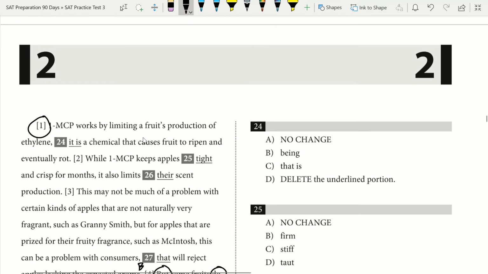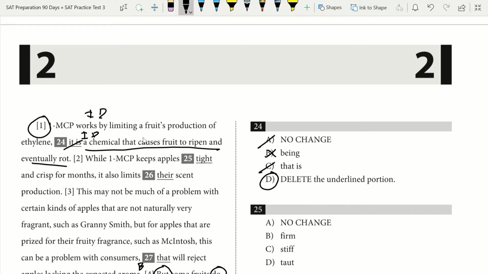So we have, "1-MCP works by limiting a fruit's production of ethylene, a chemical that causes fruits to ripen and eventually rot." We don't want to do comma "it is," because then we have a comma splice, because this is an independent clause, and if we have "it is," then this is an independent clause. So we want to get rid of "it is." Same with "that is," right? And then "being" also doesn't work there. We just want to remove it because it's unnecessary.